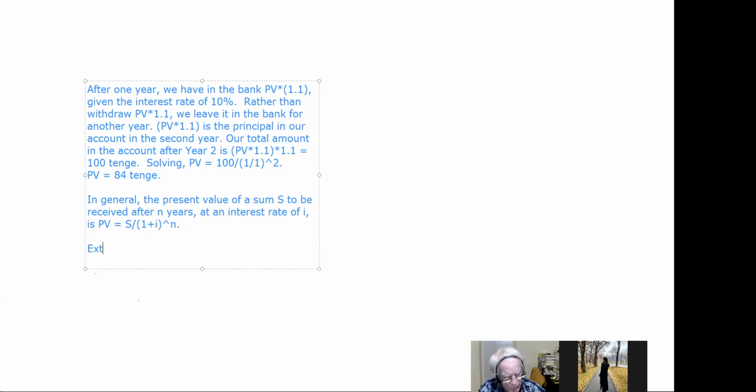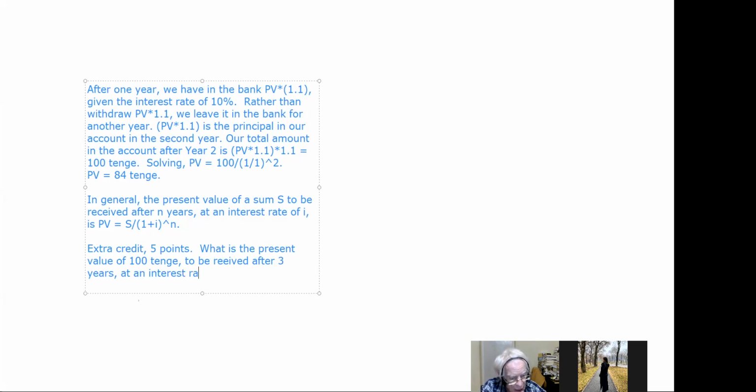So here's an extra present value problem for you. What is the present value of 100 tenge to be received after 3 years at an interest rate of 10%?